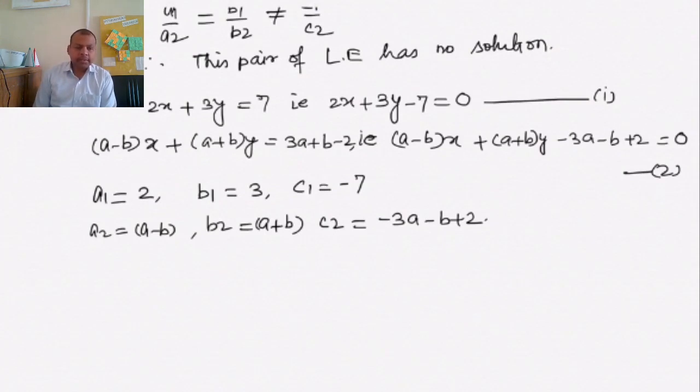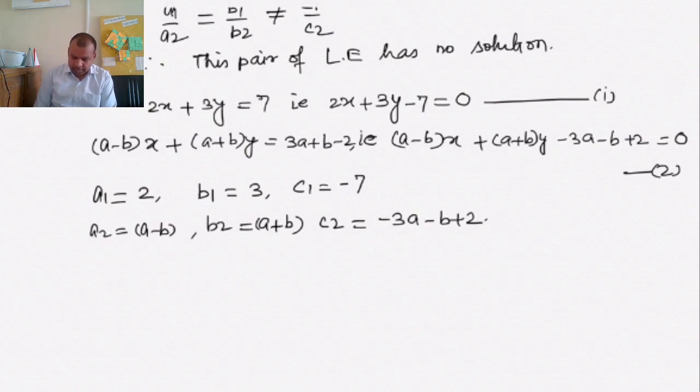Since it is given that this pair of equations have infinitely many solutions, a1 by a2 equals to b1 by b2 and is equal to c1 by c2.